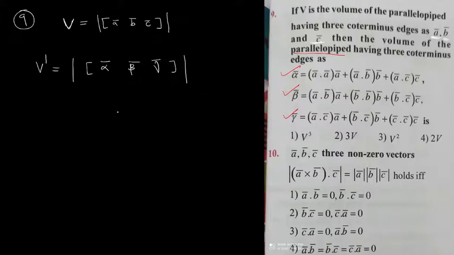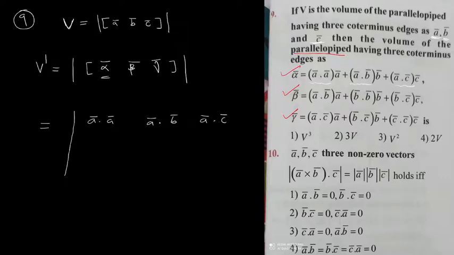Now how do we find this box value alpha bar, beta bar, gamma bar? We can find it as a determinant value. Write the coefficients of A bar, B bar, C bar as the first row: A bar dot A bar, A bar dot B bar, A bar dot C bar.